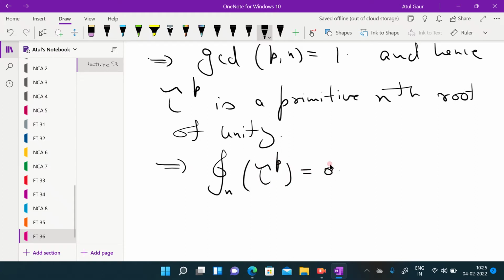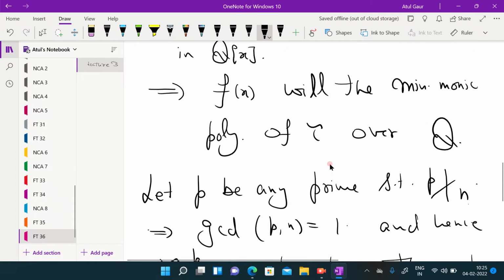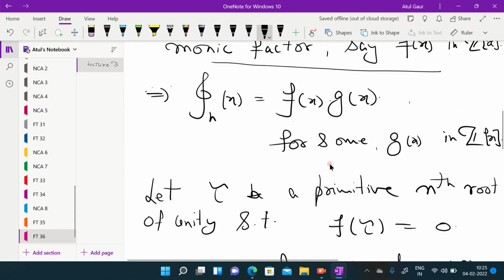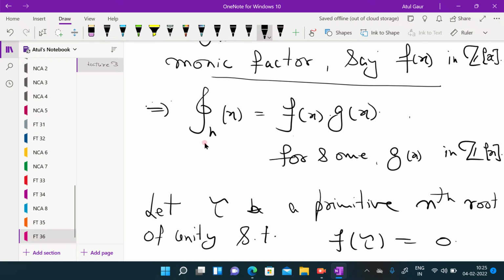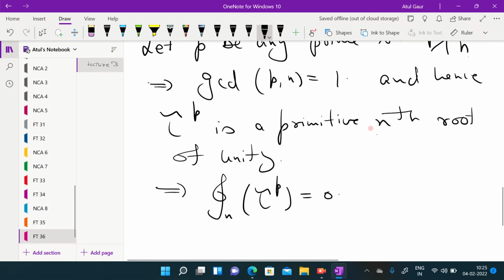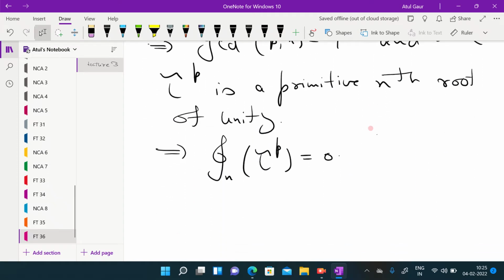Now if it is a root of Φn(x), because Φn(x) is f(x) times g(x), it is either a root of f(x) or a root of g(x). So this means either f(τ^p) is 0 or g(τ^p) is 0.